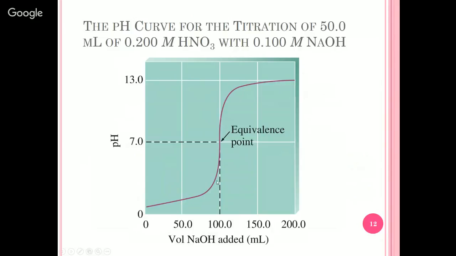And then as we get closer and closer to the equivalence point, we see a really significant slope here, and then it levels off as we add more base. So at the equivalence point, moles of acid equal the moles of base. When you are dealing with strong acids and strong bases, the pH is always equal to 7.